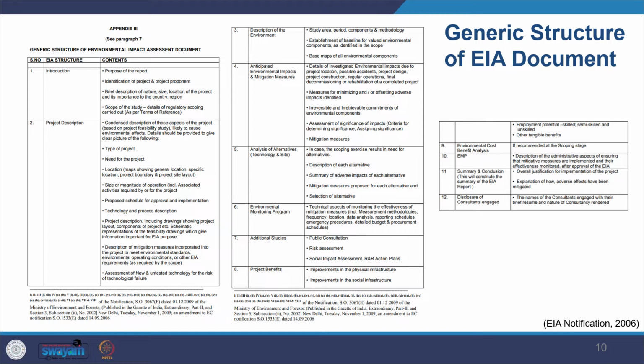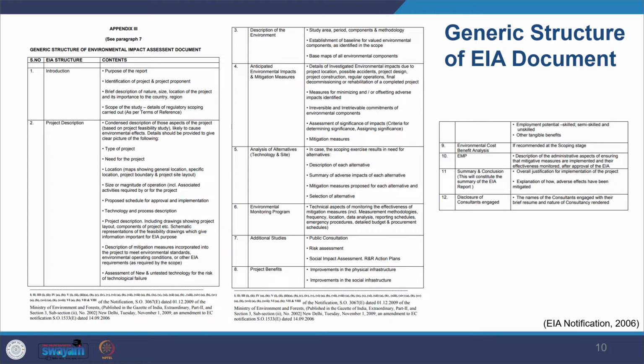Looking at the EIA notification 2006, you can see here I've taken the snip from the notification. You have the introduction, where you put the purpose of the report, why the report has been prepared. Then you identify the project and project proponent. Then you also tell about the nature, size, location of the project, and its importance to the country and region.